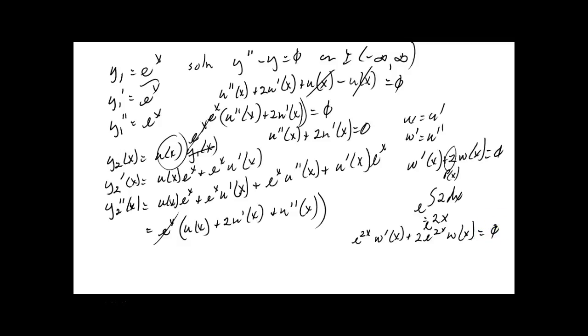Multiply that integrating factor, which is e to the 2x in this case, by everything. Now, what that did for us was we noticed this was a perfect derivative. d by dx of e to the 2x w of x, right?